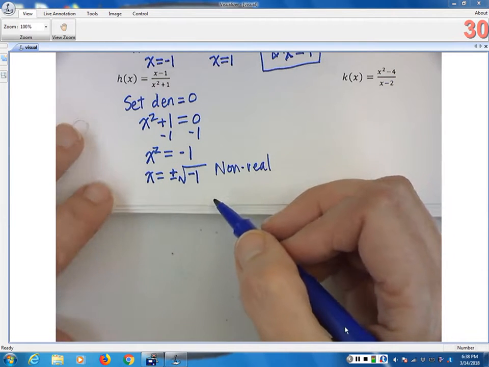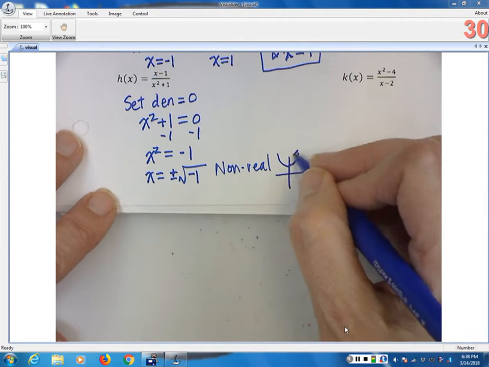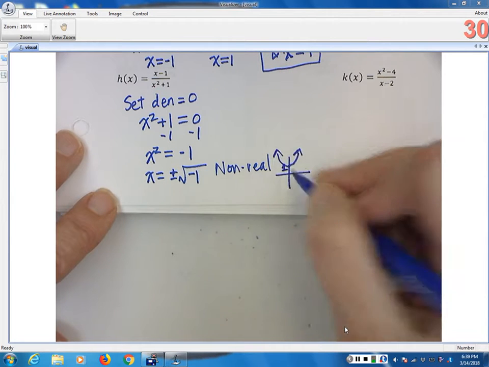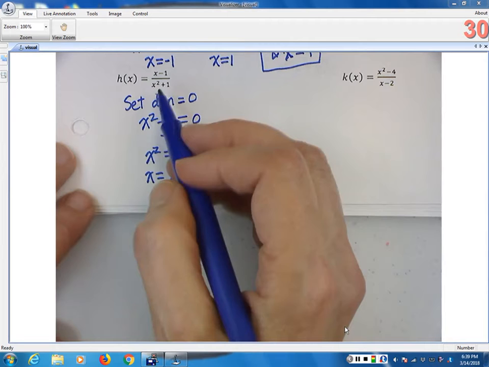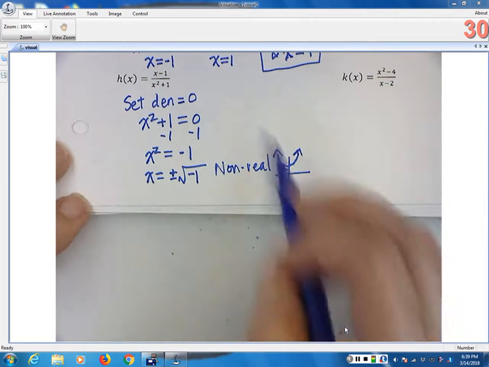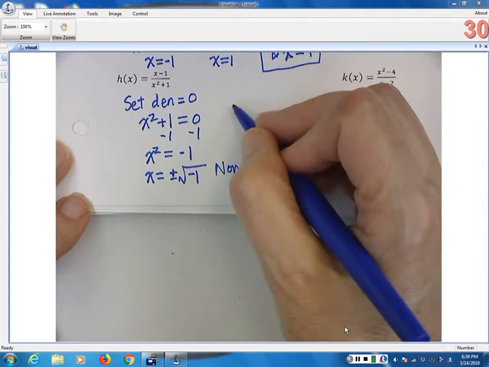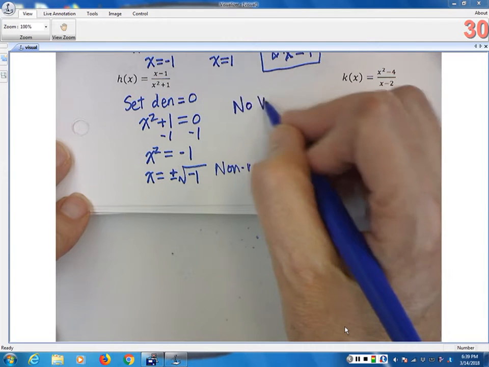It doesn't cross the x-axis. It's like the parabola like this up at 1. The denominator here, you can't square a number and add 1 to it and get a negative number or 0. You can't, you're adding. So that doesn't factor. So there are no VAs then.